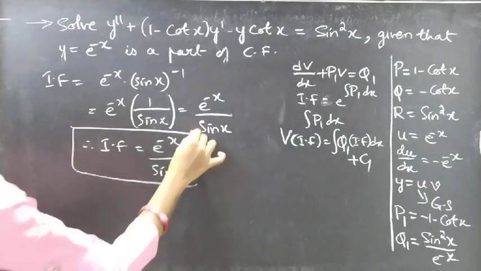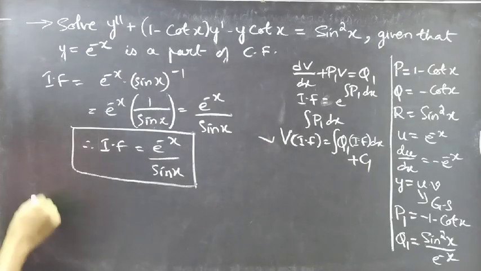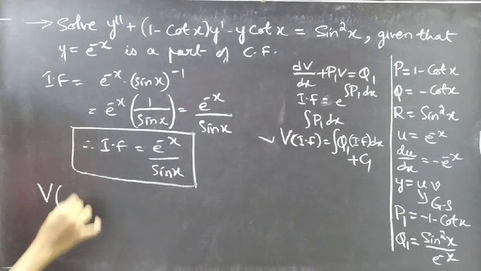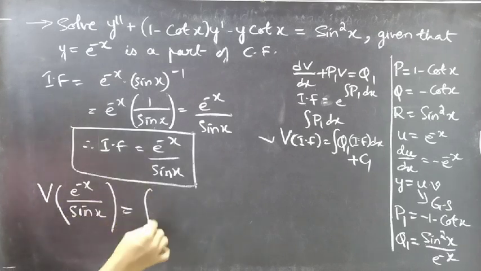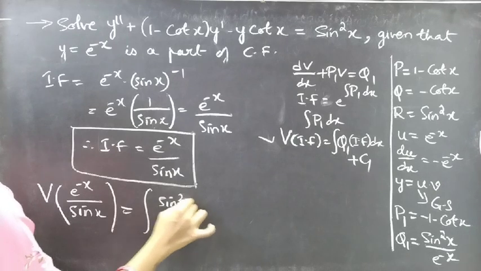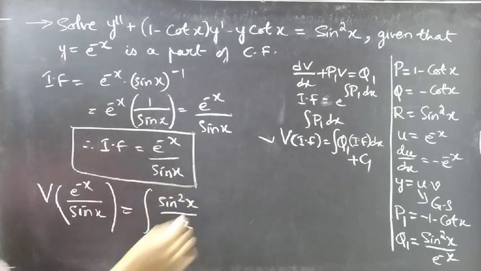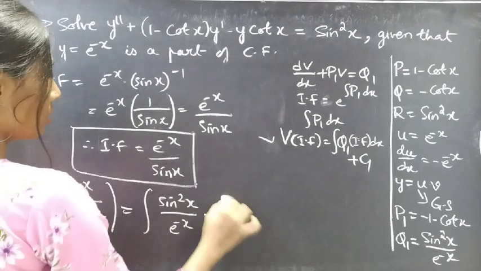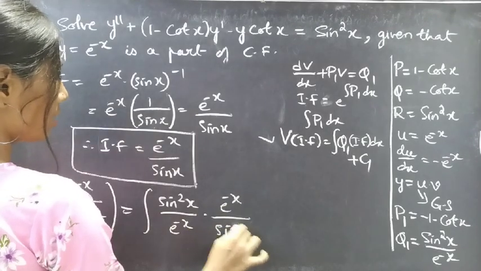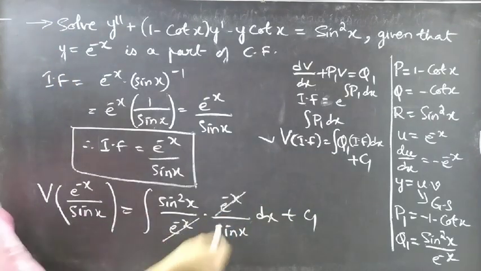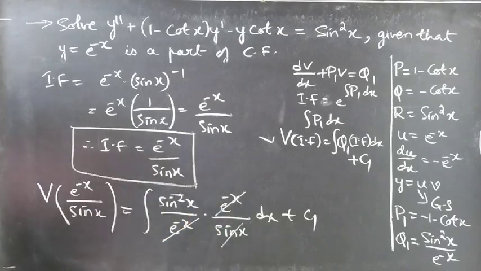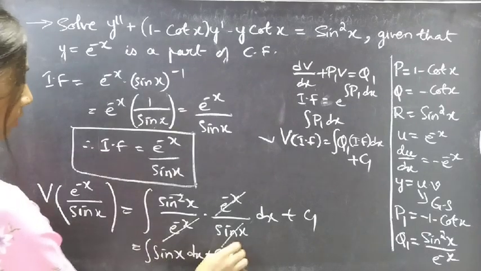Now let's use this formula to find capital V. V into integrating factor e power minus x by sin x equal to integral Q1, sin square x by e power minus x, into integrating factor e power minus x by sin x, into dx plus c1. So here e power minus x gets cancelled and one sin x gets cancelled. Then we'll get integral sin x dx plus c1, right?